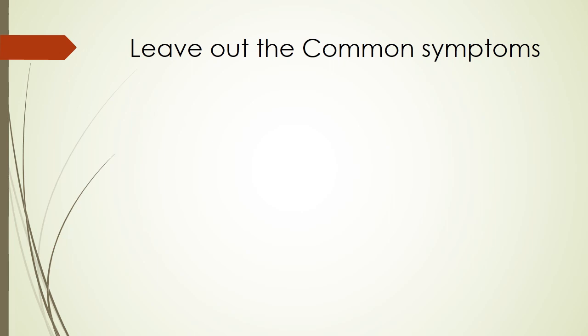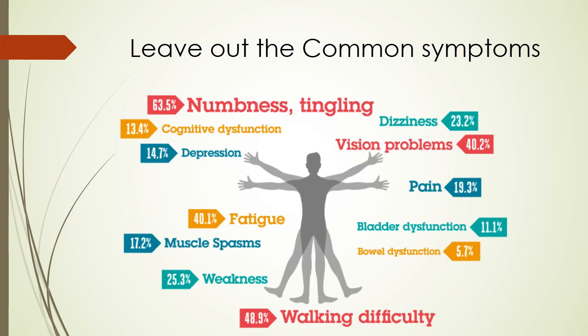So as we said, let's leave out the common symptoms. If we leave out the common symptoms from all the 17, I think these are 11 of them, then what you are left with are these: swallowing difficulty, not mentioned on this graphic as a common complaint. Constipation. As I mentioned earlier, you have a bowel dysfunction and a bladder dysfunction, but that describes incontinence, not constipation.